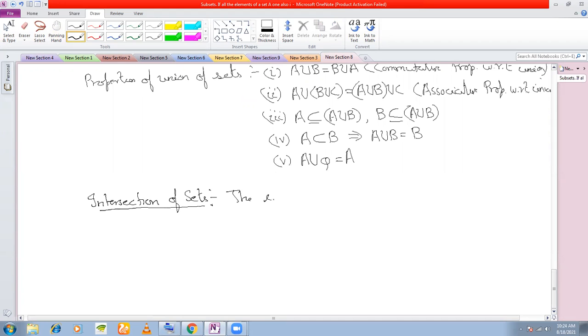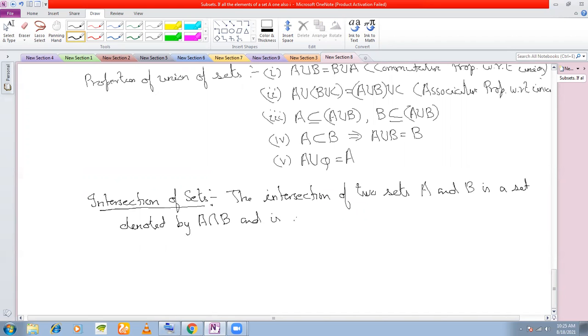The intersection of two sets A and B is a set denoted by A intersection B and is defined as A intersection B is equal to X such that X belongs to A and X belongs to B. So and is always associated with intersection.